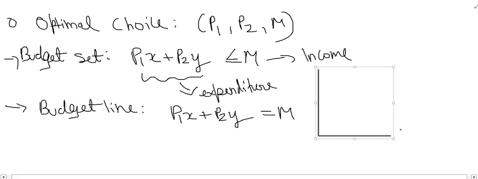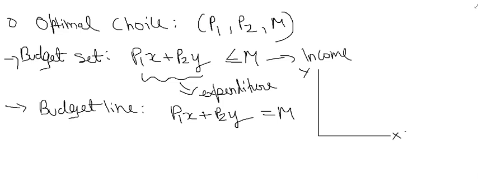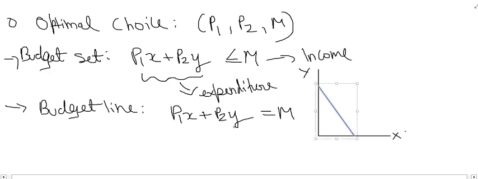So we have good x here, good y here, and let's try to plot this. Now if the consumer consumes all of good x and none of y, then y becomes 0 and x becomes M by P1. The intercepts are M by P1 and M by P2. And this is the budget line. We denote it by BL.